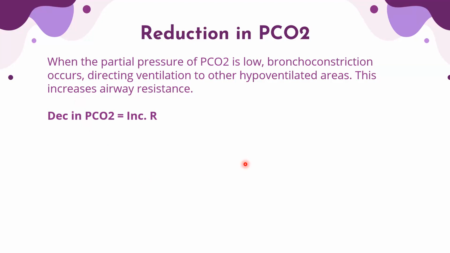So there's going to be bronchoconstriction to direct this air somewhere else, okay, and to maintain the pH in that particular zone. So a decrease in PCO2, or hypoventilation, is going to cause bronchoconstriction and direct ventilation somewhere else, and bronchoconstriction is going to increase your resistance.